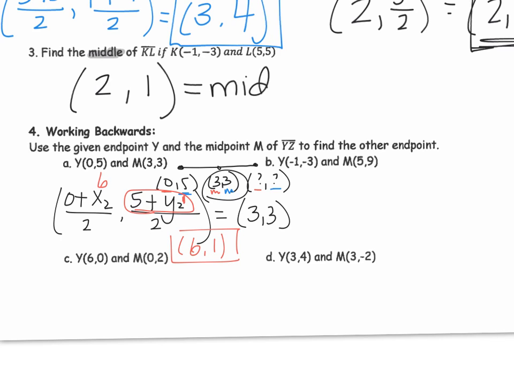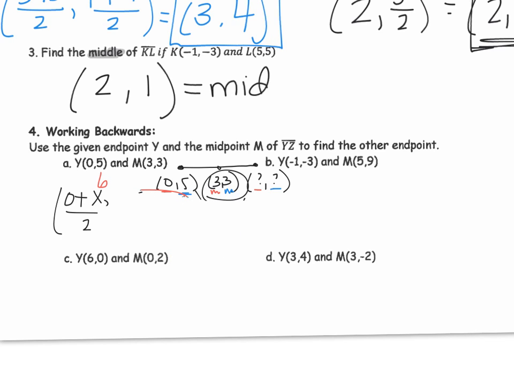That's one way you can do it. Another way you can do it, if I erase this, is you work backwards. Let's erase this. If I work backwards, I divided by 2 last with my midpoint formula.